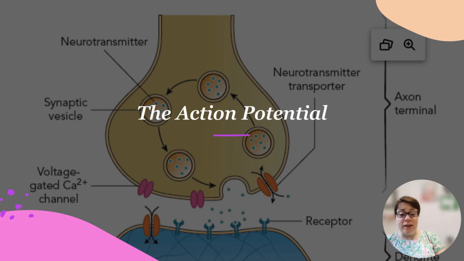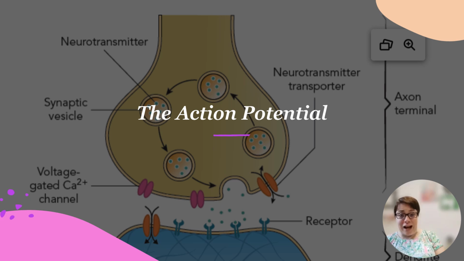Neurotransmitters are stored in synaptic vesicles within the axon terminal. When the action potential reaches the axon terminal, the change in voltage triggers voltage-gated calcium channels that then signal the release of neurotransmitters into the synaptic cleft. The neurotransmitters bind with receptors on neurons in the synaptic gap.